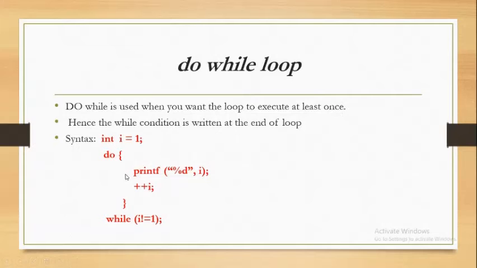So first the do will execute. This part of the block will first execute, and then after incrementation it sees whether i is equal to 1 or not. But here it will become an infinite loop because it already got incremented, but no problem.